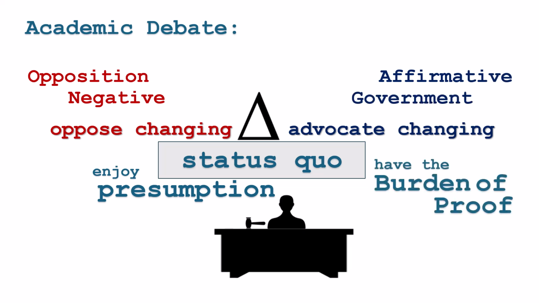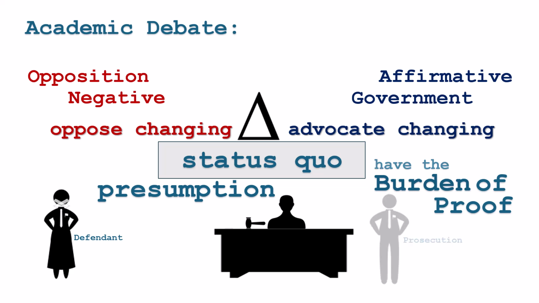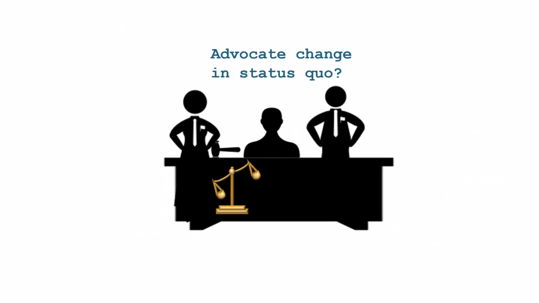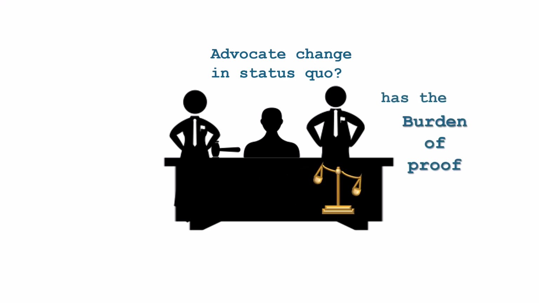Technically, if you are a defendant, you don't have to prove that you didn't commit the crime. It may not be your best strategy, but you don't have to say anything. It's the prosecution's burden to prove that you committed the crime. The party, person, team, side, advocating a change in the status quo, has the burden of proof.